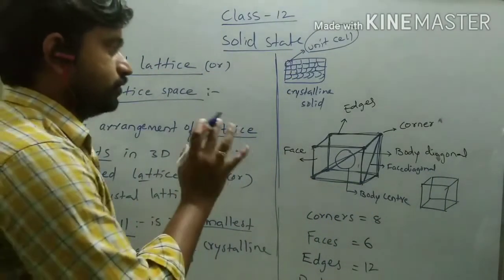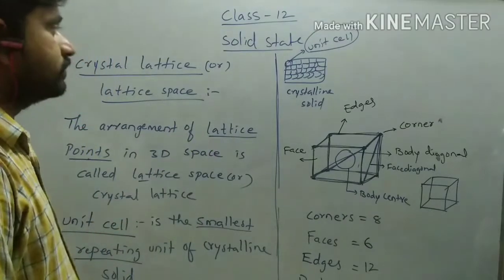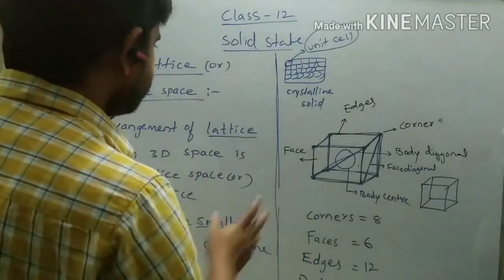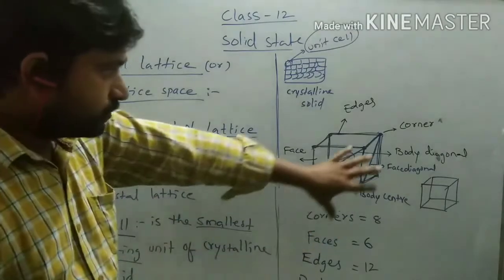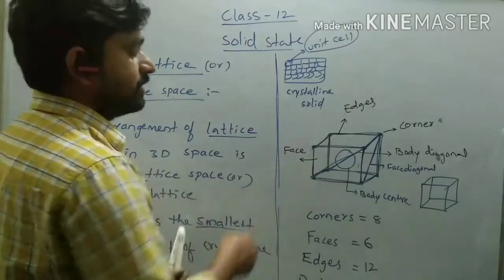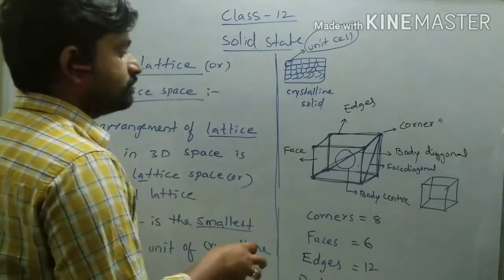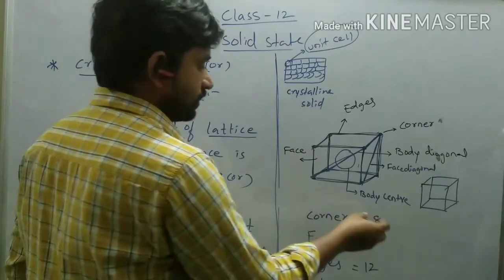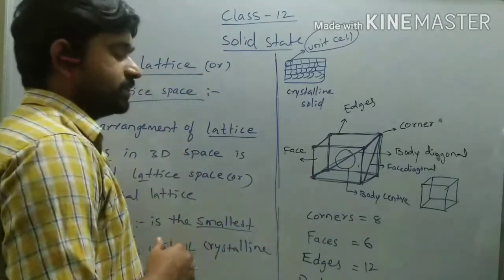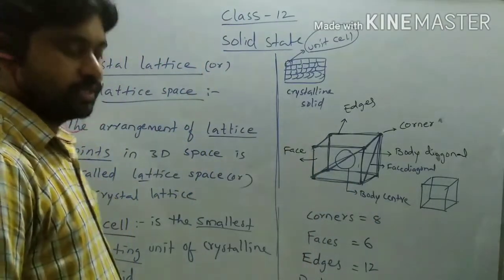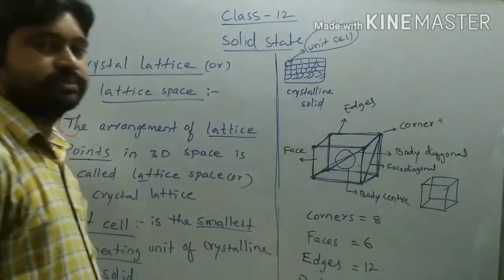Next we are going to discuss that in this unit cell there will be some atoms. Those atoms will be at corners, some atoms at face centers, and some atoms at edge centers.